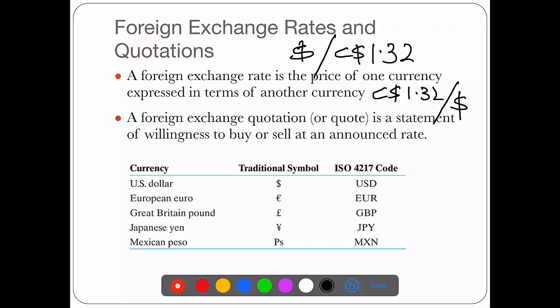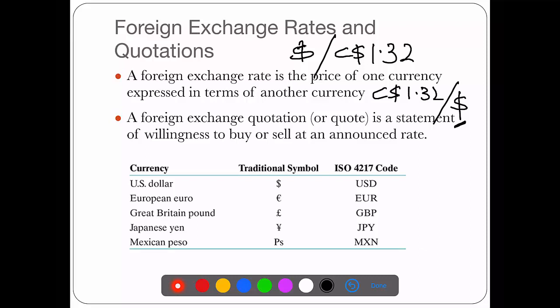Always remember that the concept will be very clear if you consider this currency, the US dollar, as the base currency, because we want to buy 1 unit of the US dollar. The price or quote currency is the Canadian dollar in this case, because 1.32 Canadian dollars is the price for 1 unit of the US dollar.